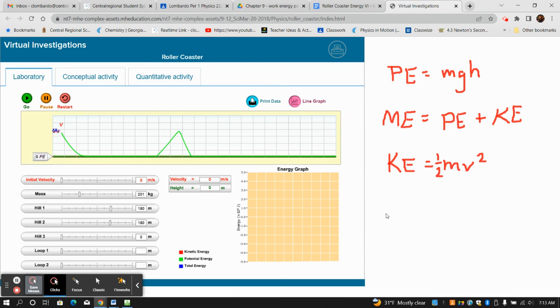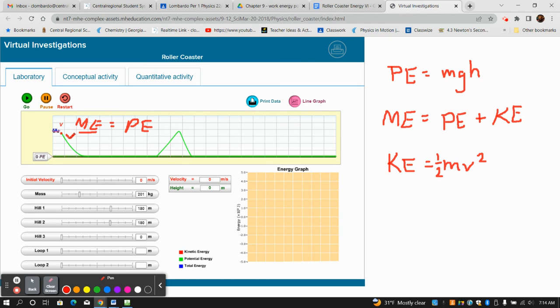Since our velocity at the very start of any roller coaster is initially 0, at that very top point, mechanical energy is going to be equal to all potential. Granted, we understand that mechanical is potential plus kinetic, but if kinetic is 0 up here because the velocity is 0, then mechanical energy is going to equal the potential. So that's usually the easiest way to figure this out.